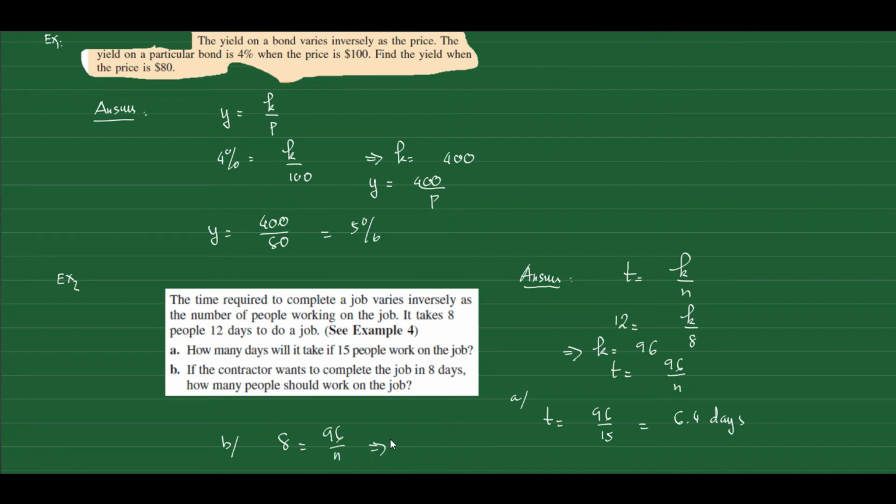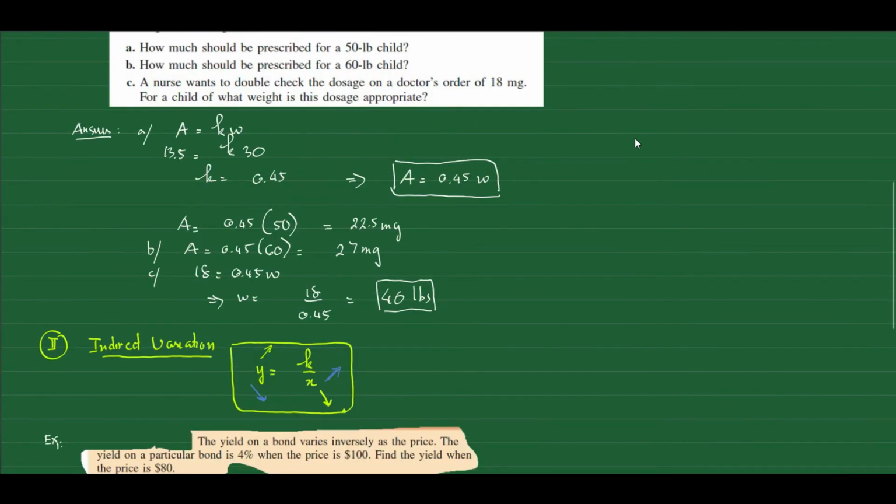We try to find the number of people, so n will be 96 over 8, which is 12. So it will take 12 people to finish the work in 8 days. So that's the inverse variation, or indirect variation, and direct variation.